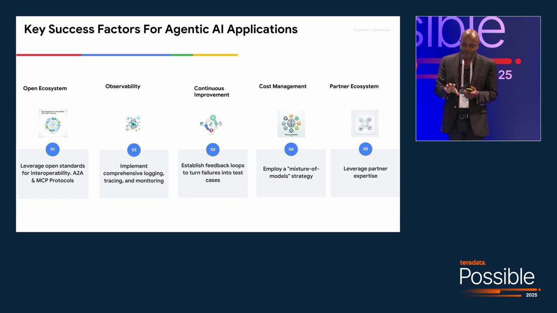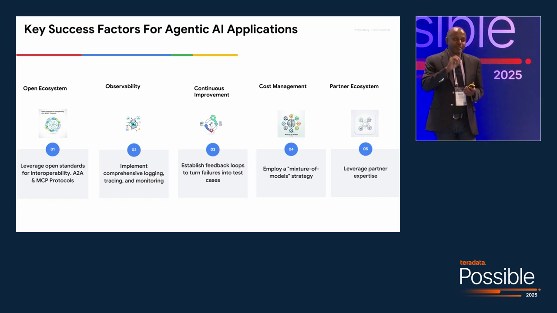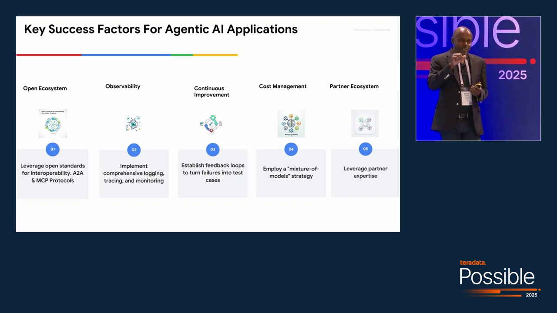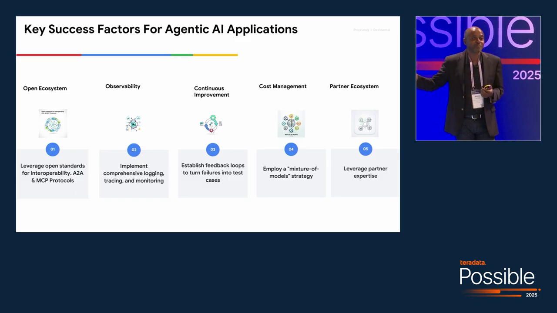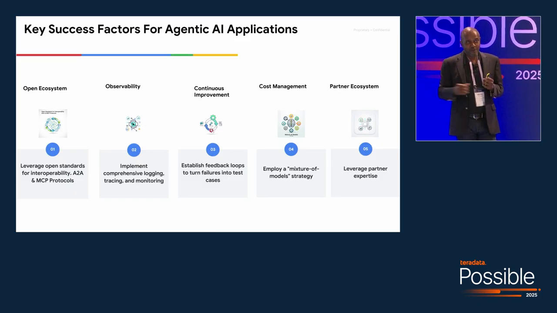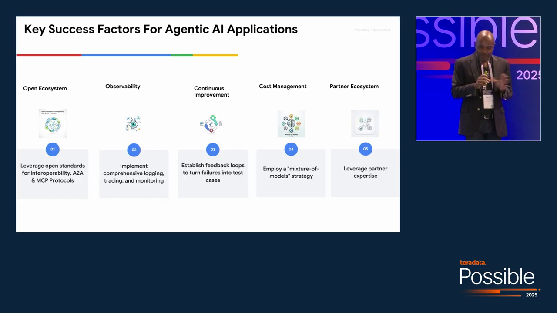Open ecosystem, which means maximum use of standards, right? A2A, OpenTelemetry, MCP. Make sure you're not using something that tomorrow will be obsolete. Make sure you're using some standard that you can keep for many, many years. So open ecosystem.